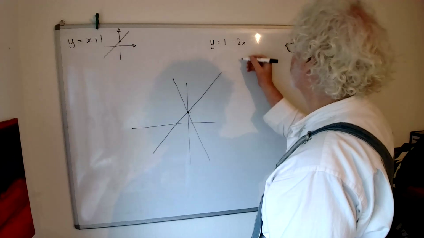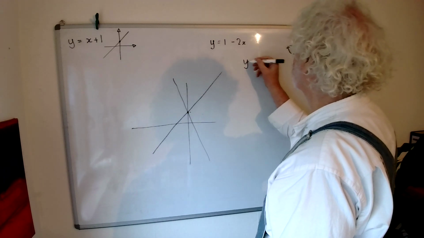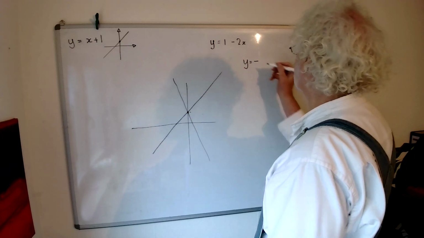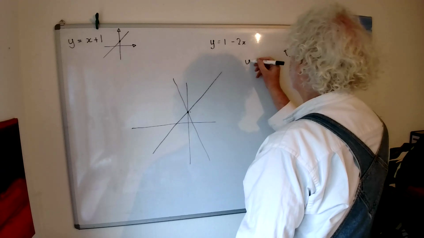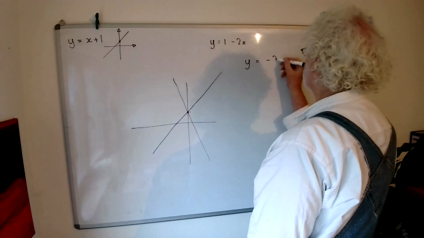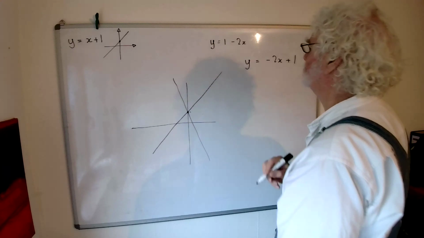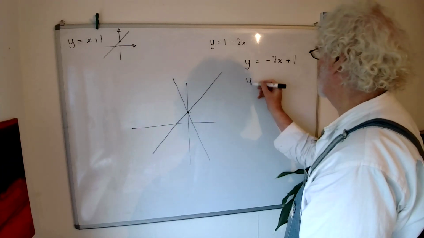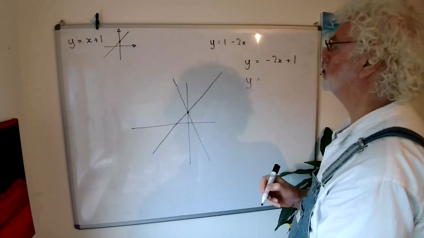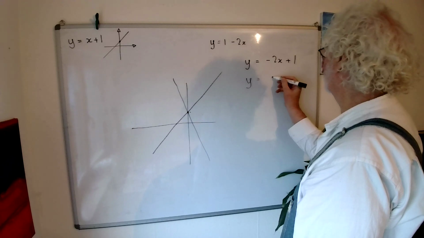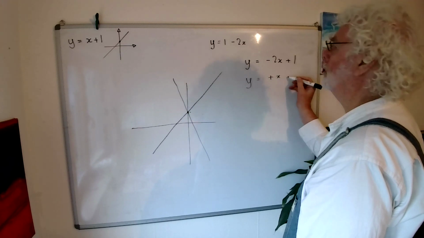So let's write them. y equals minus 2x plus 1, and the other one is y equals plus x plus 1.